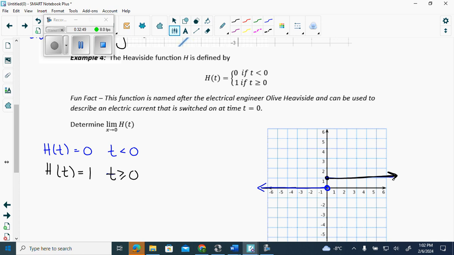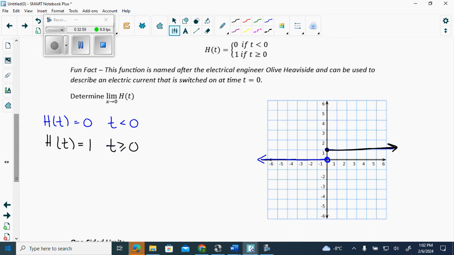There is an issue. From the left and the right, is it approaching the same thing at 0? Nope. So, note to self: it's asking me for the limit as x approaches 0, correct? The only way I can do that is if I actually show the left and the right approach the same thing. So let's show that. The limit as x approaches 0 from the left of h of t.